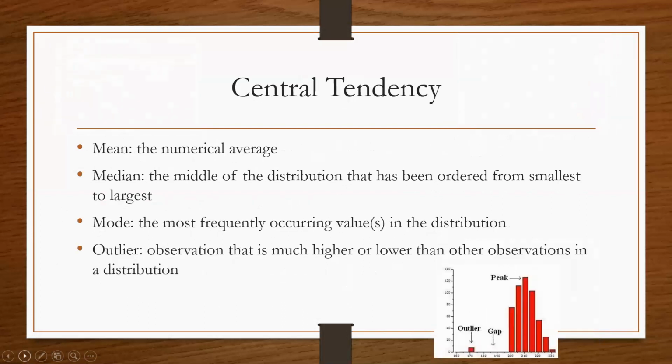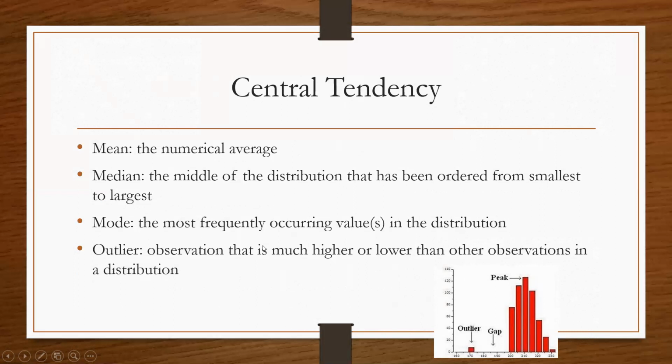And then we also have the central tendency. So the mean is just some more vocab. The mean is the numerical average. The median is the middle of the distribution, ordered from smallest to largest, and the mode is the most frequently occurring value. So in a symmetrical graph, they would all be the same.